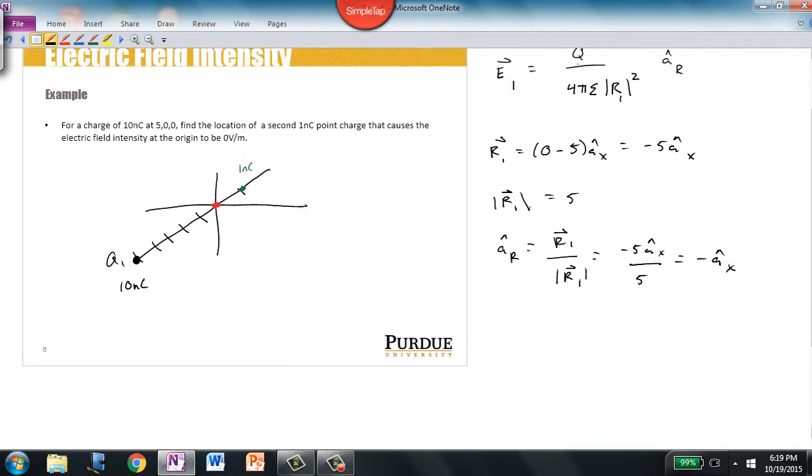So we can solve this equation. E1 vector is equal to the magnitude of the charge, which is 10 times 10 to the minus 9th coulombs, over 4 pi times 8.854 times 10 to the minus 12, then we need to multiply by the magnitude of the vector squared, and that points in the minus a hat x direction.